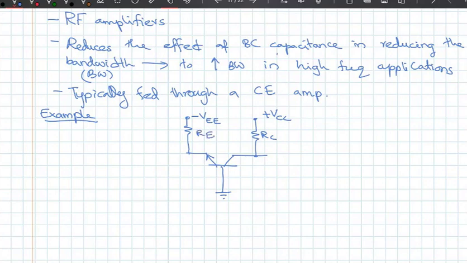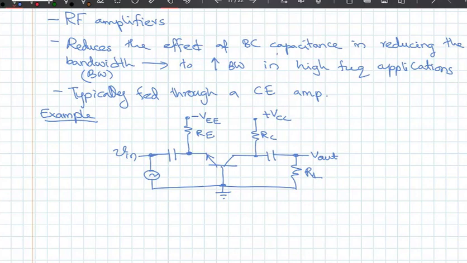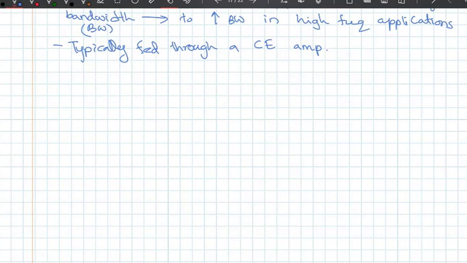So this is your DC circuit, and you send the input through the emitter like that, and the output is taken from the collector. This is your V out, this is your V in. So this is an example circuit of a common base amplifier.